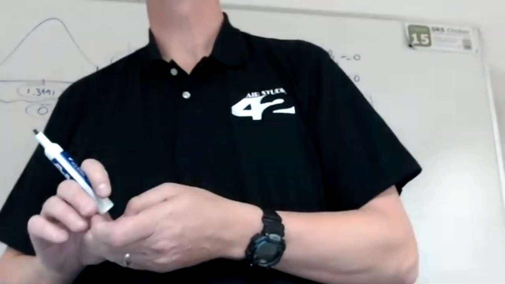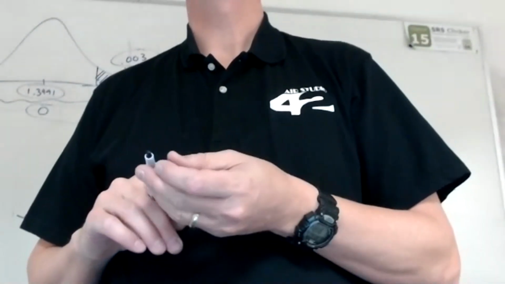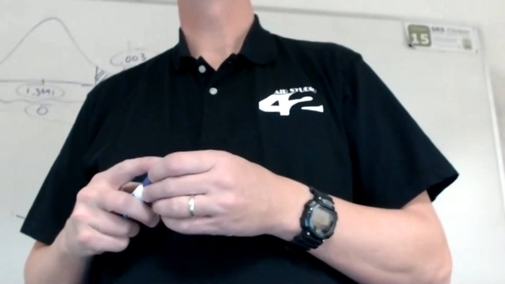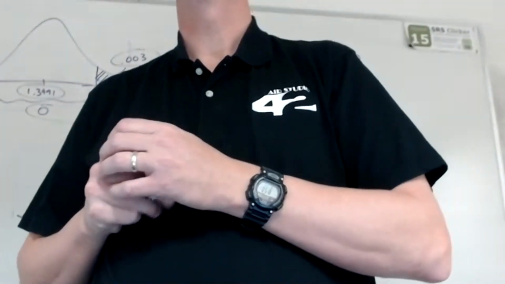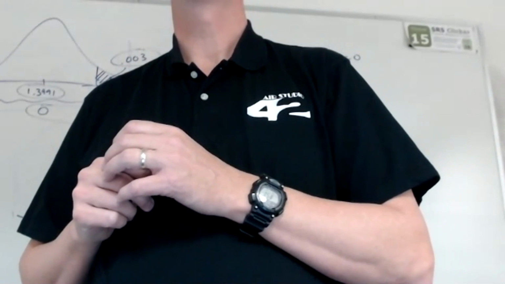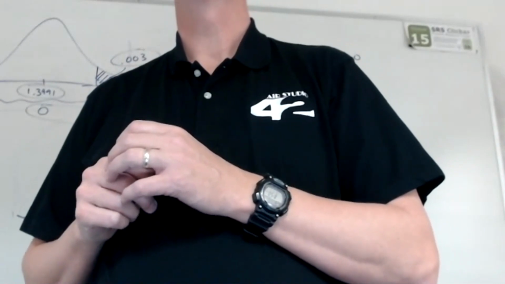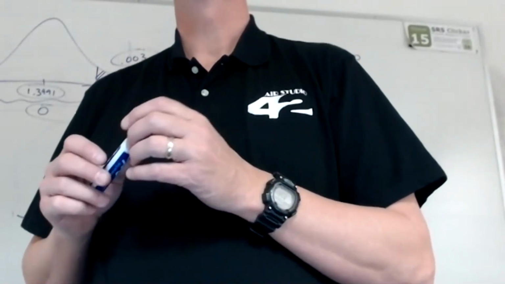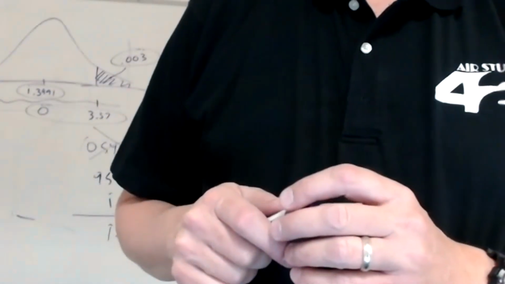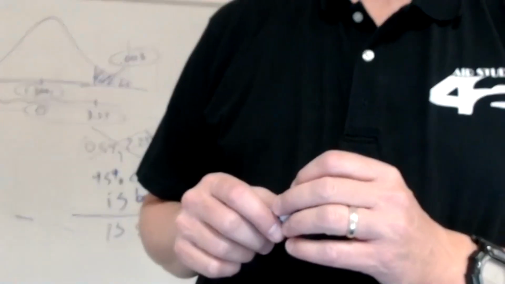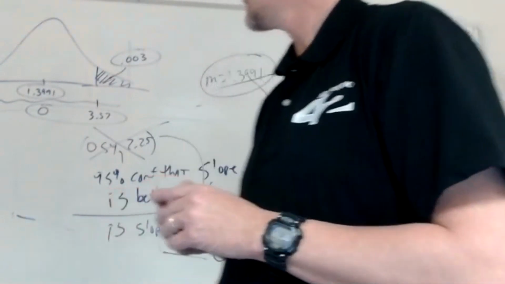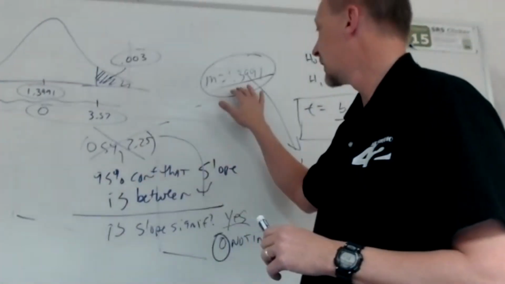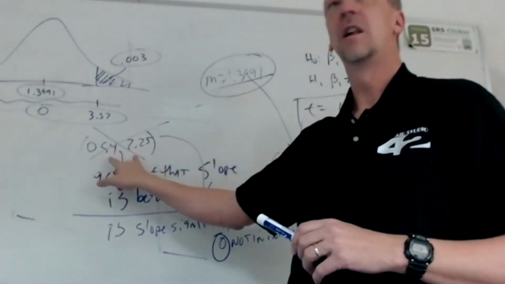Yes? For it not to be significant, both the slope and the zero have to be in the interval. So when we got the two intervals, where the slope is in between the intervals, you said it was significant.